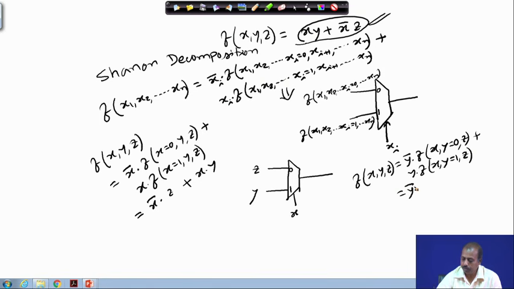So, that is y bar into, if I put y equal to 0 here, I will get the function x bar z, and then if I put y equal to 1, this gives me x plus x bar z. That is nothing but x plus z. So, here I am getting x plus x bar z. By Boolean algebra, I can say it is y into x plus z. So, it says that at the top level you have got this realization.